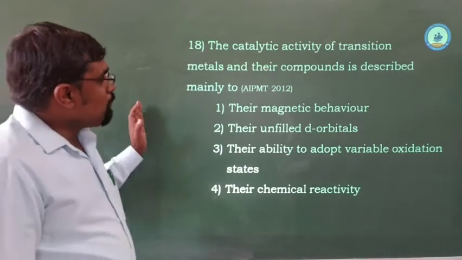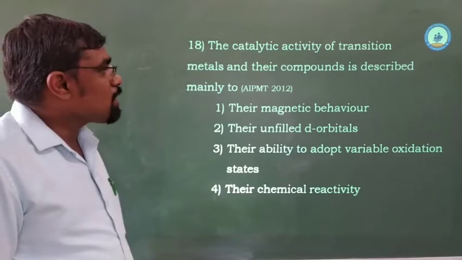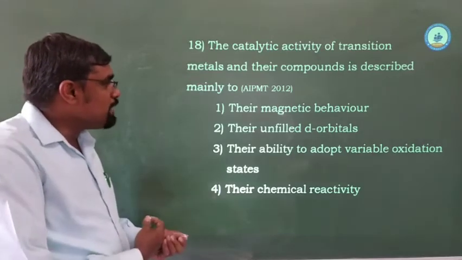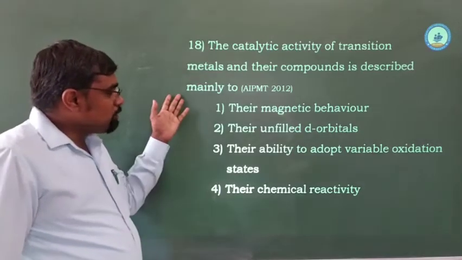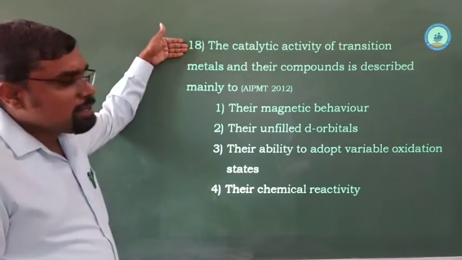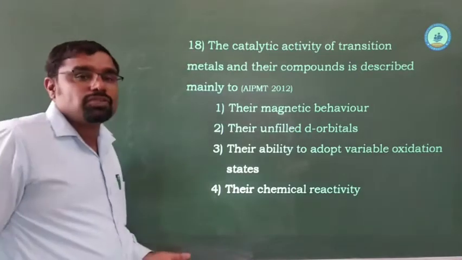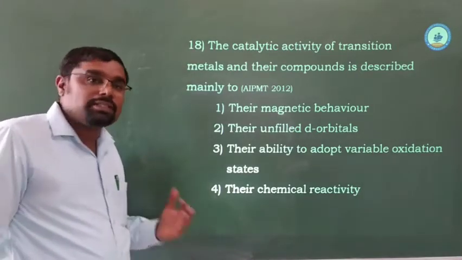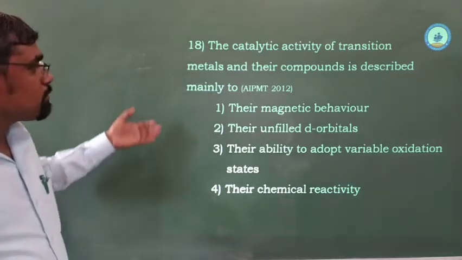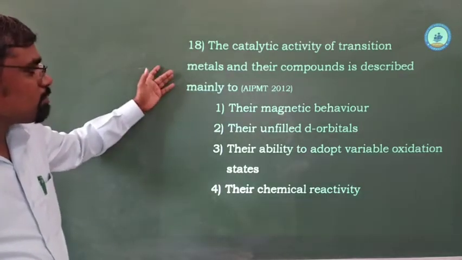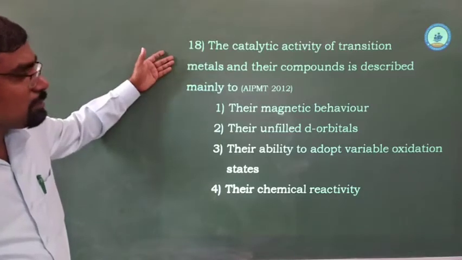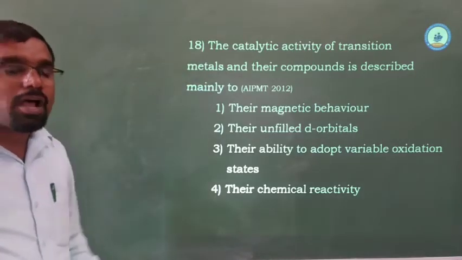The catalytic activity of transition metals and their compounds is described mainly due to what? This is a direct question, so many times you have answered it in theory examinations. Catalytic activity is shown by transition metals because of that.